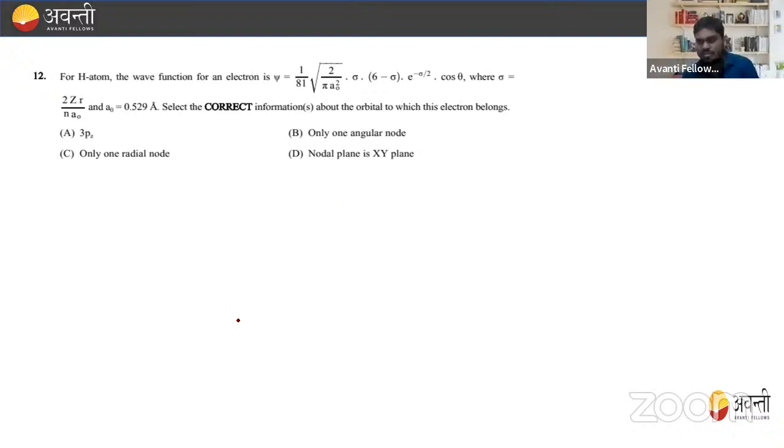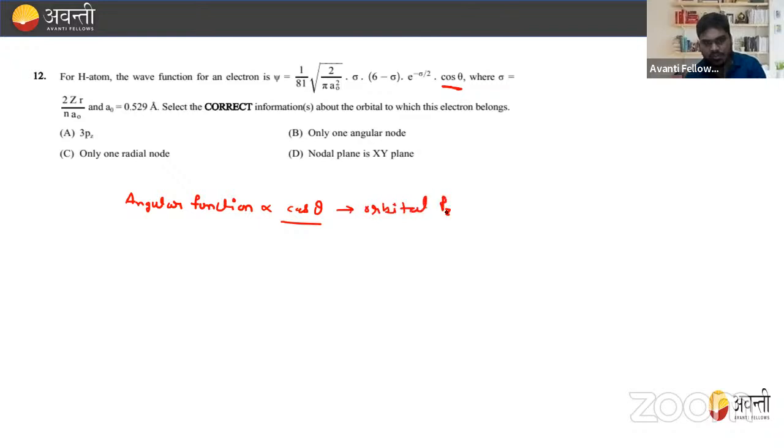The angular function is directly proportional to cos theta, and this is cos theta for orbital pz.